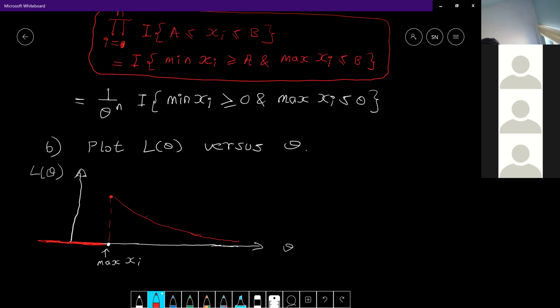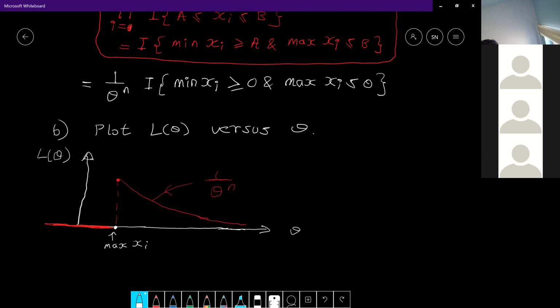What I have plotted here is 1 divided by theta to the power n, a decreasing function of theta. Is that clear? If not, just use the chat box and I will try to explain better.